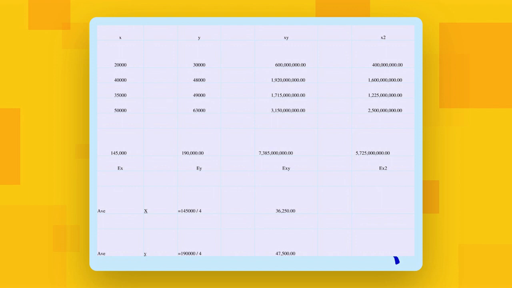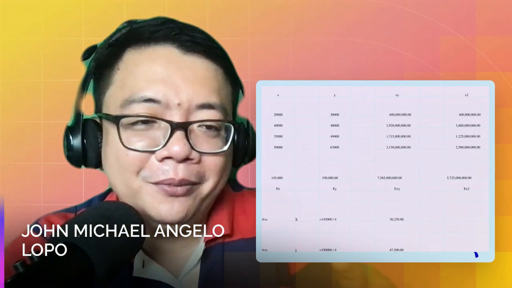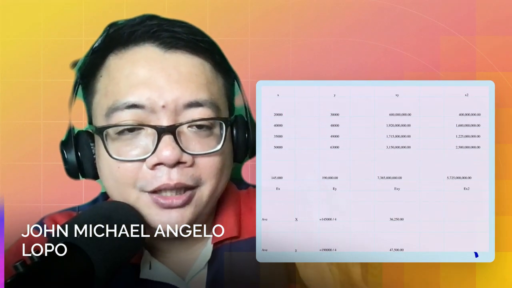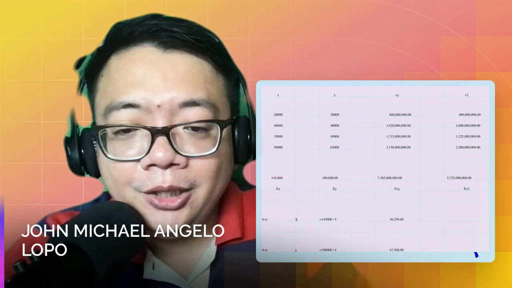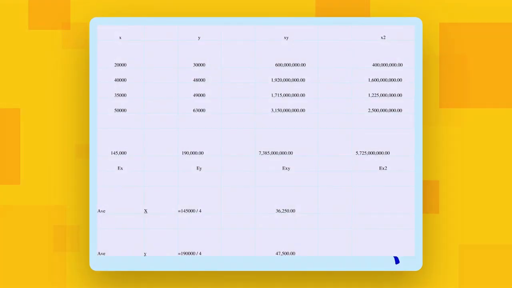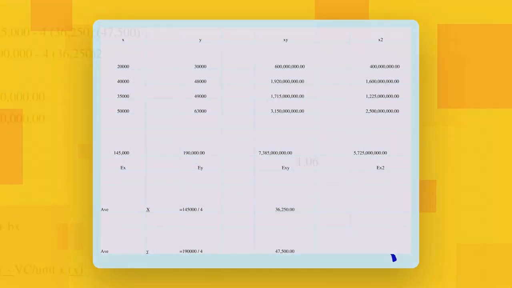The average of Y: 190,000, just divide it by 4 and you have 47,500. The first part you will do is a bit longer compared with computing for our high-low method. This is why it appears in the CPA board exam.